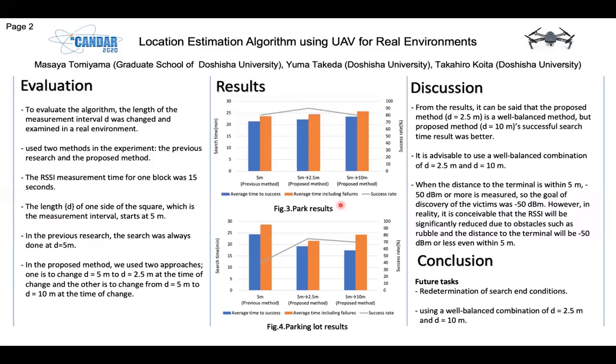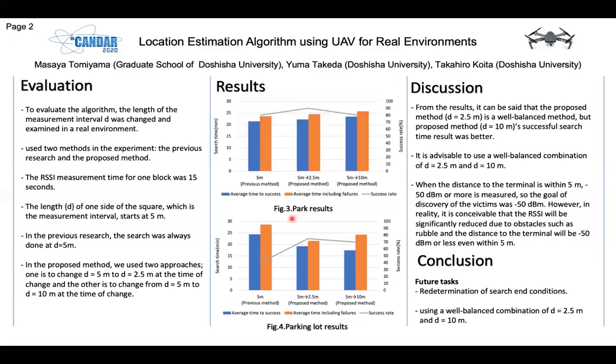the proposed method d equals 10 meters had a good successful search time, while the proposed method d equals 2.5 meters had a good average search time including failures. It can be said from the result that the proposed method d equals 2.5 meters is a balanced method.